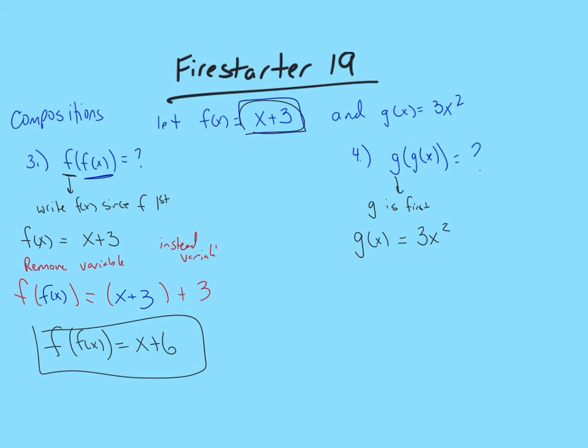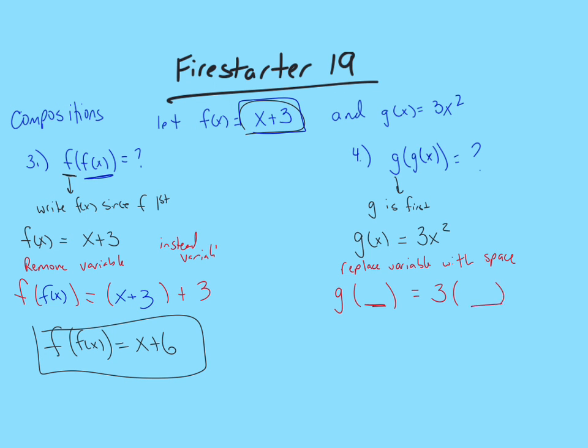Now remember, I'm going to replace the variable with a space. So I'm going to write g and no variable, just a big blank space, equals 3.